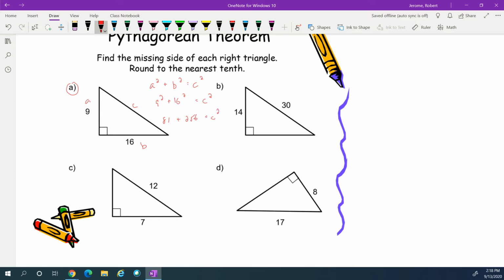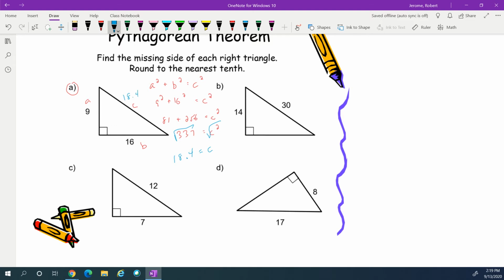We're going to add that up, and we get 337 for c squared. And of course, we're going to take the square root because we don't want c squared, we want c. So c equals, and our directions here said to the 10th, so that's going to give me 18.4.